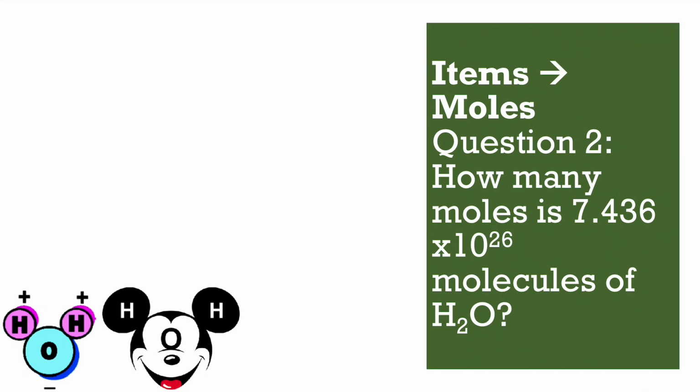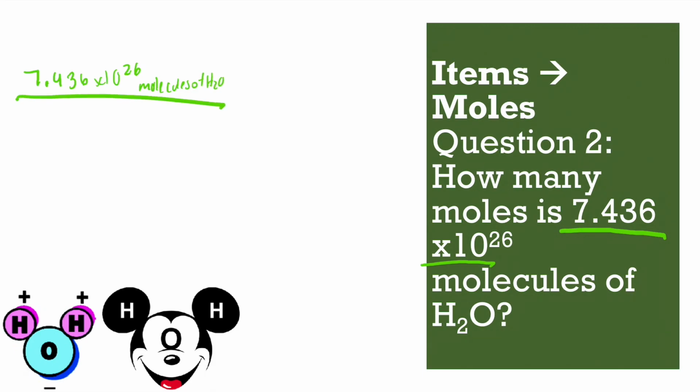Okay, here you have 7.436 times 10 to the 26 molecules of water. How many moles is that? So you're given 7.436 times 10 to the 26 molecules of water. So that is your given. Put that over 1.